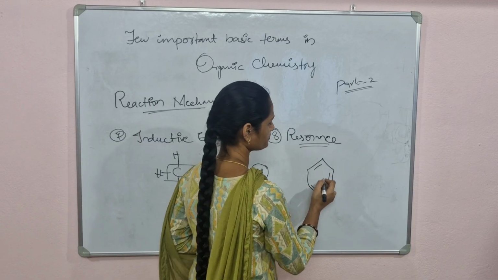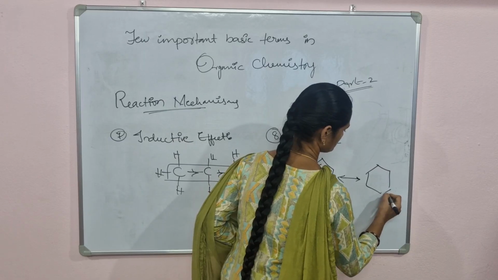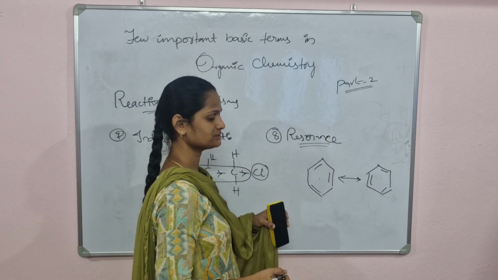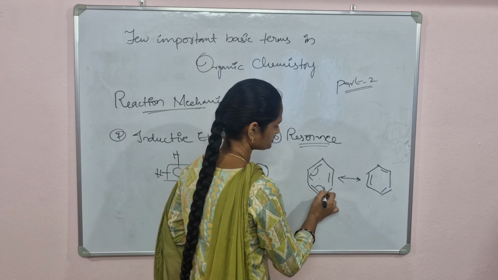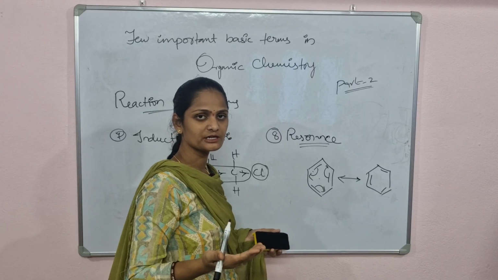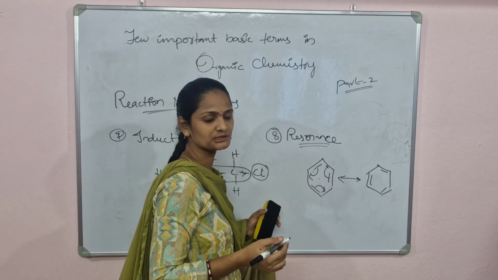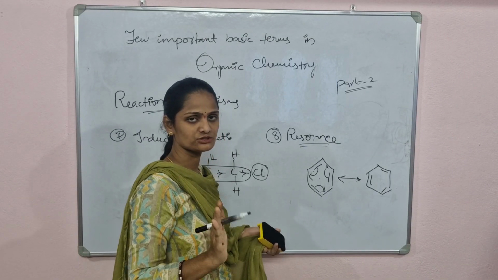One time we will write the benzene structure in this manner, other time we will write it in this manner. In this the bonds will always be shifted. Why? Because of maintaining the stability. Resonance means the movement of electrons within the molecule to maintain stability.